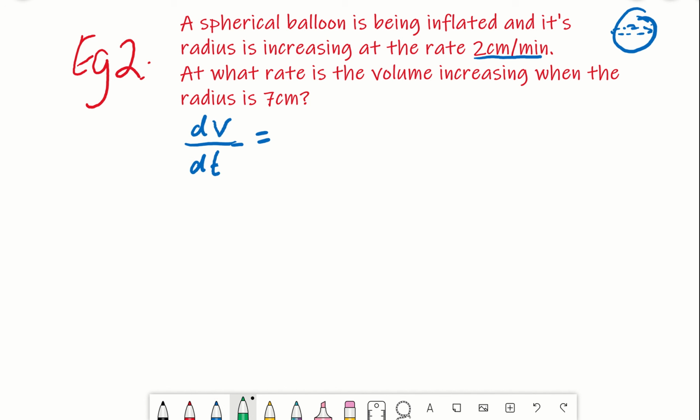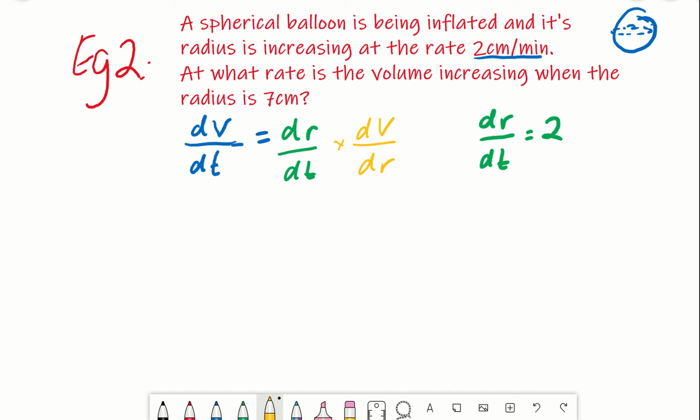What do we know? Well, what did they just tell me? They told me that the radius is increasing. So I know that dr/dt is equal to 2. Putting that into my formula, dr on dt, what do I have to multiply by? Well, here I need a dV, and I need to get rid of dr. So I need to find the derivative of the volume with respect to the radius.